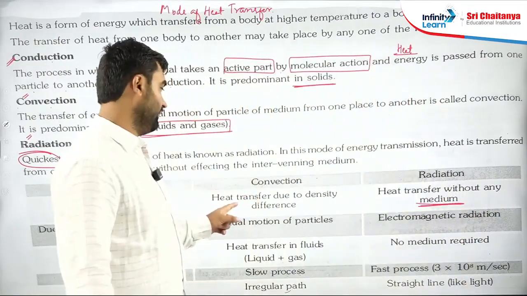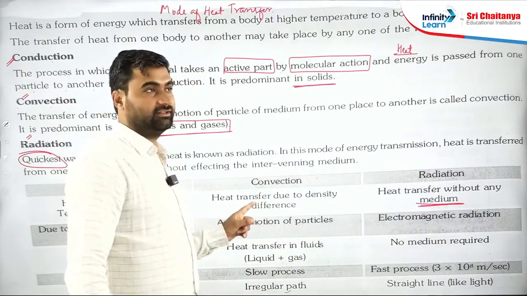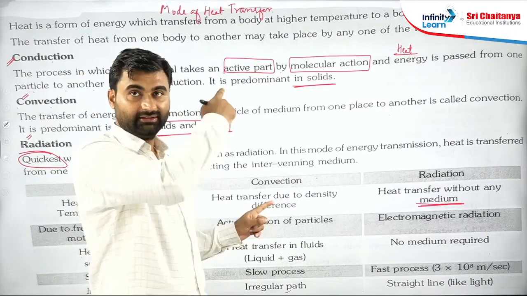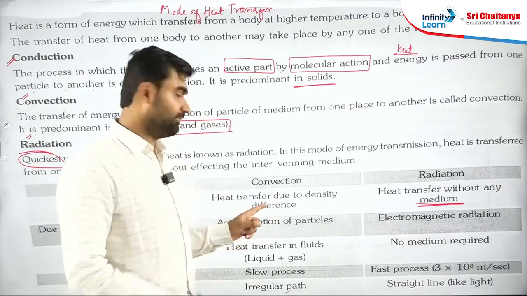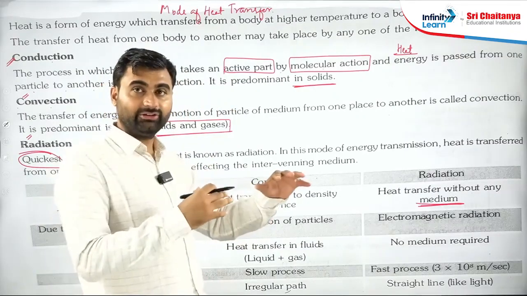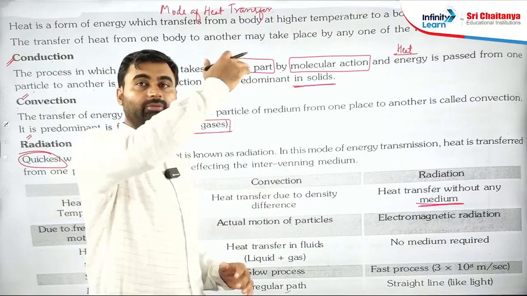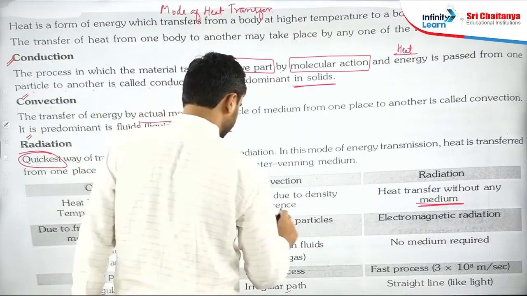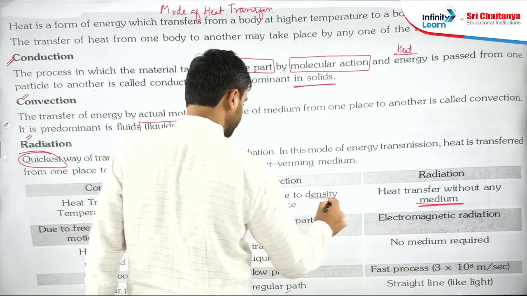In convection, a medium is required, and heat transfer takes place due to density difference. Lower molecules low density, upper molecules high density. So heat transfer due to density difference, very important point.